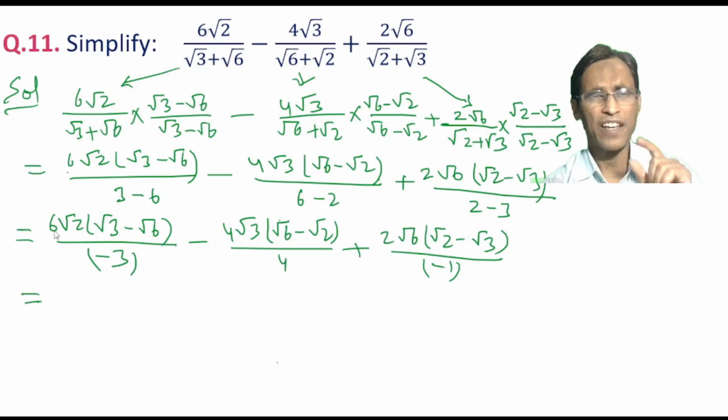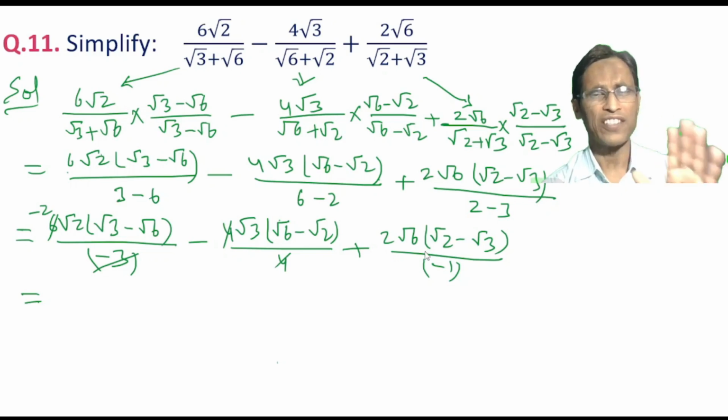Now we can say 6 can be divided by minus 3 in minus 2 times. So minus 2 it is here and 6 is cancelled by minus 3. 4 can be divided by 4 in the second term, and the third term will remain as it is.